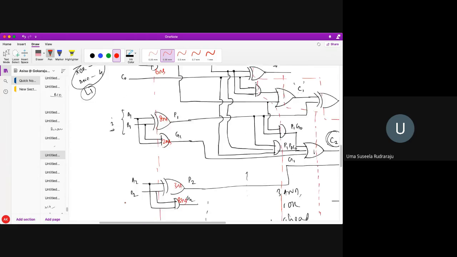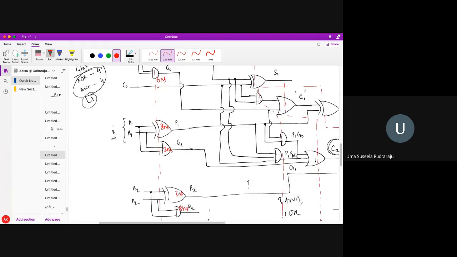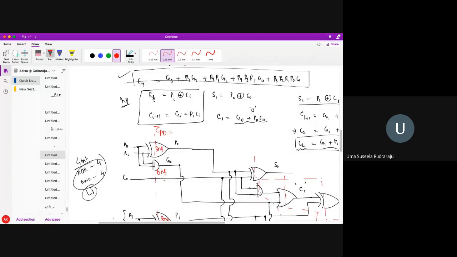Now what would be the propagation delay of level 1? Tau PD is what? You have to take the gate giving the maximum propagation delay. So 12 nanoseconds is the maximum, and tau PD of level 1 is 12 nanoseconds.